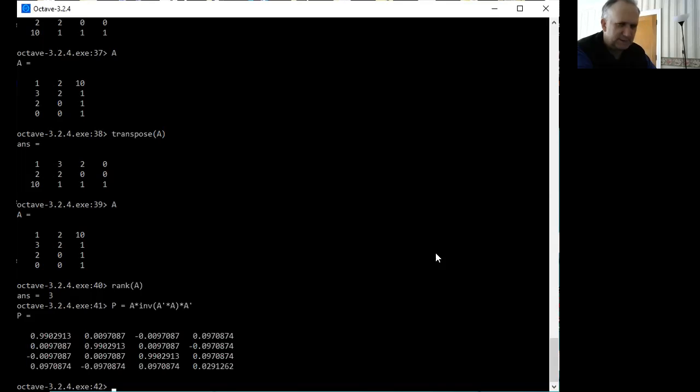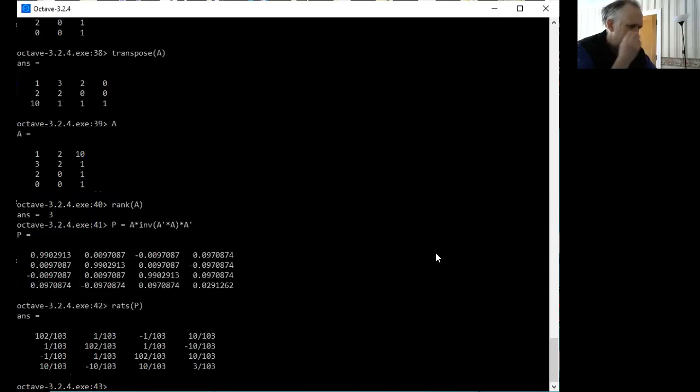Kind of interesting. There's a command now too that will give you the rational form of a matrix or a vector or a number called rats, and that's kind of nice. Hard to do by hand, and we get the full rational form.